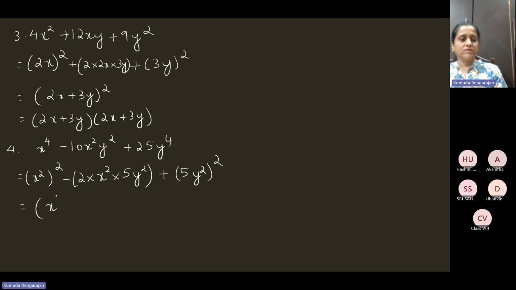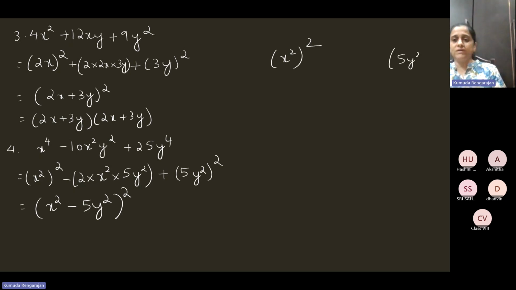A is x squared, minus b, the whole squared. This is a squared, this one is the middle term, this is b squared. So the answer is a minus b the whole square: x square minus 5y square the whole square.